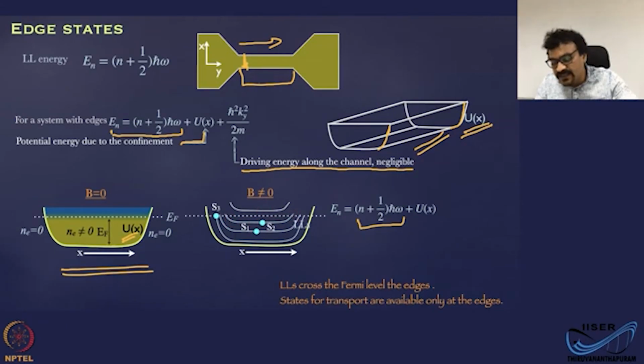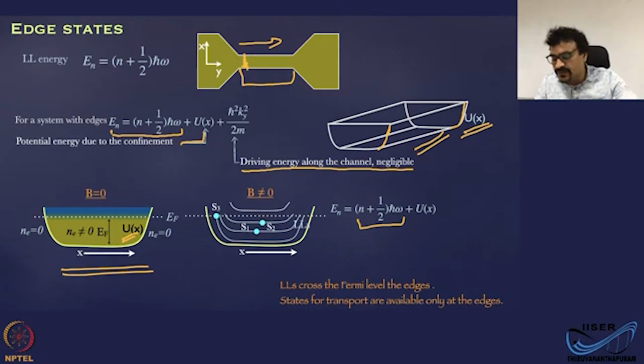But at the edges, you have states, the Landau levels crossing because of the rise in potential at the edges. So you have states at the edge for electrons to go through, but there are no states in the bulk. What that means is the bulk is insulating, but the edge states are conducting.